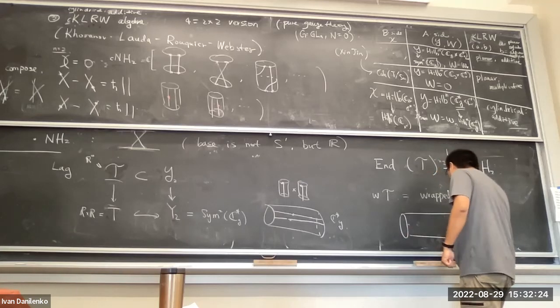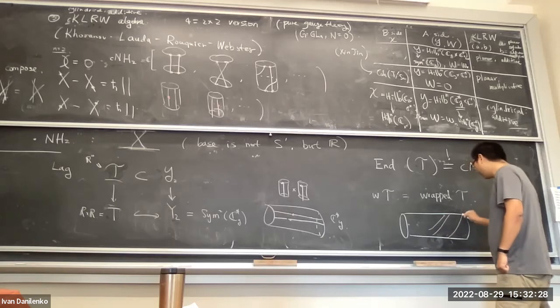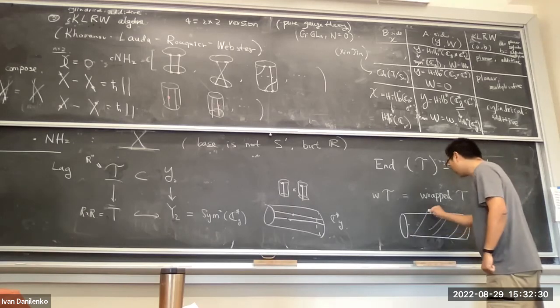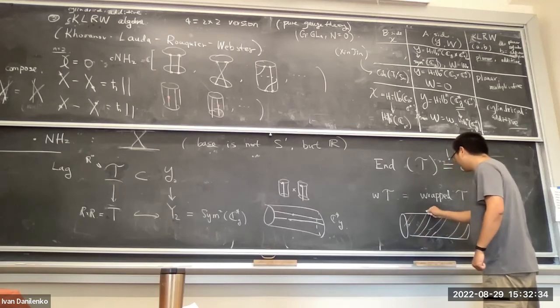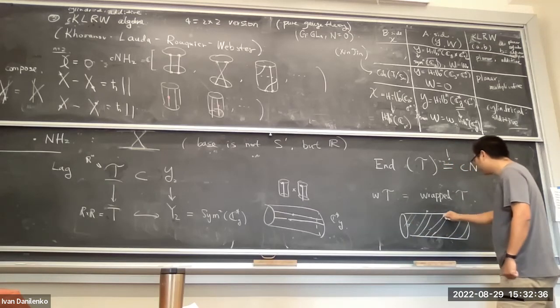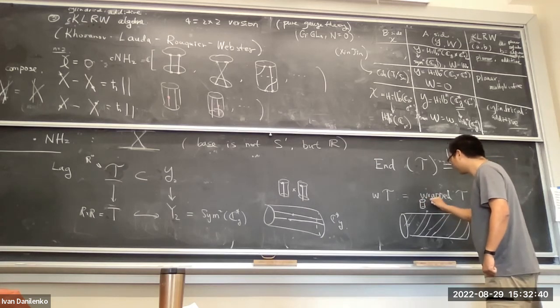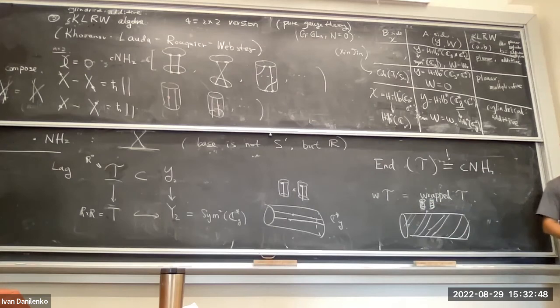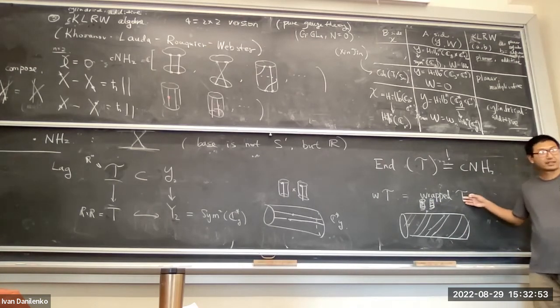On the base, it looks like parallel lines, but not wrapped. And on the fiber, suppose this is the fiber over some point. We also have some wrapping in the fiber. Not sure if this picture is clear.